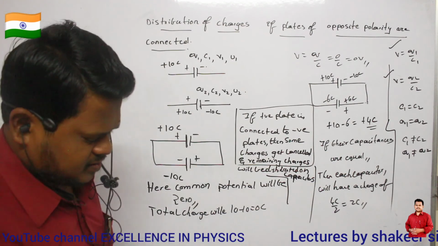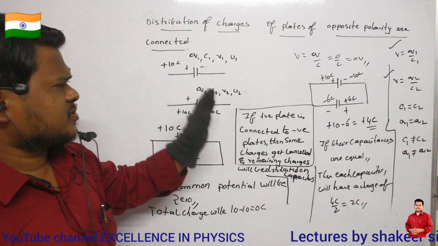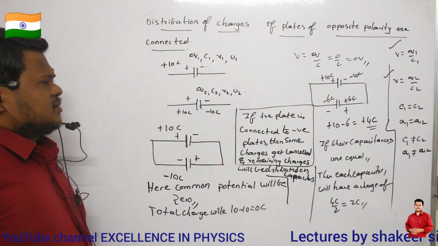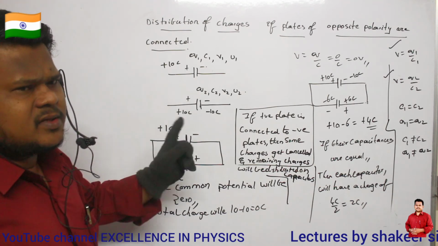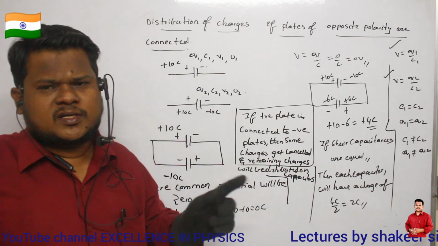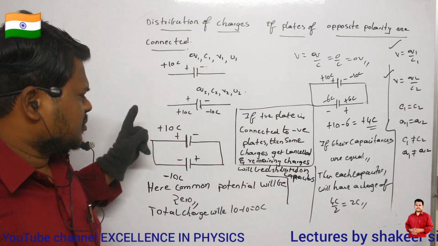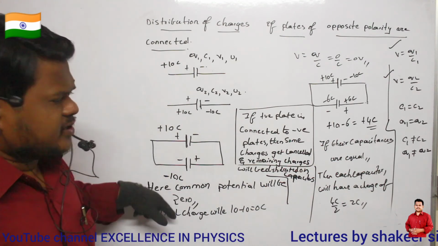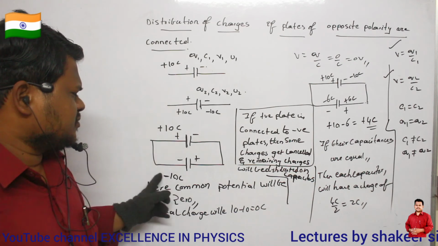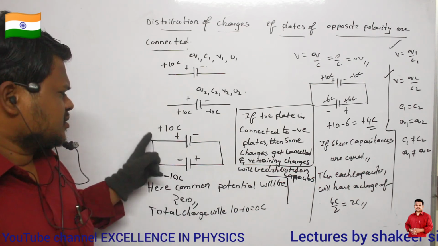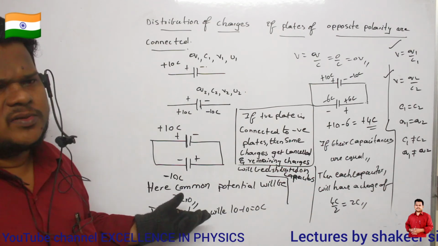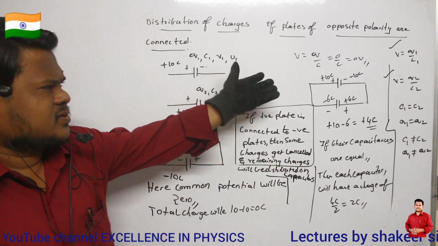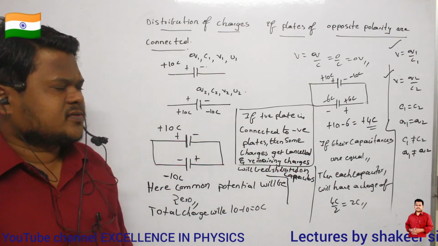Understood up to here? So when positive plate was connected to positive plate, then there was no cancellation of charges. But if you connect a positive plate to negative plate, then charges will cancel definitely. So if this is plus 10 and this is also plus 10, then total charge will become 0, and total potential of each capacitor also will become 0.